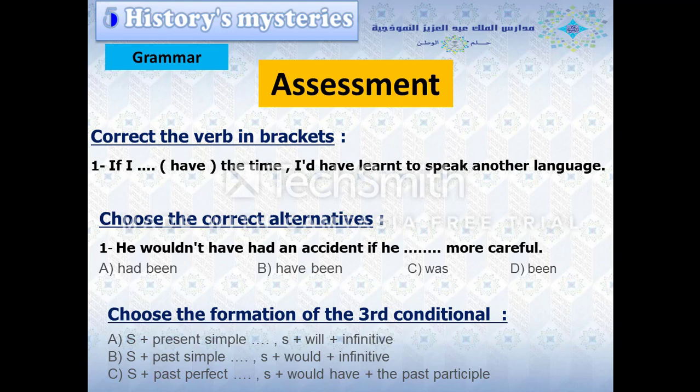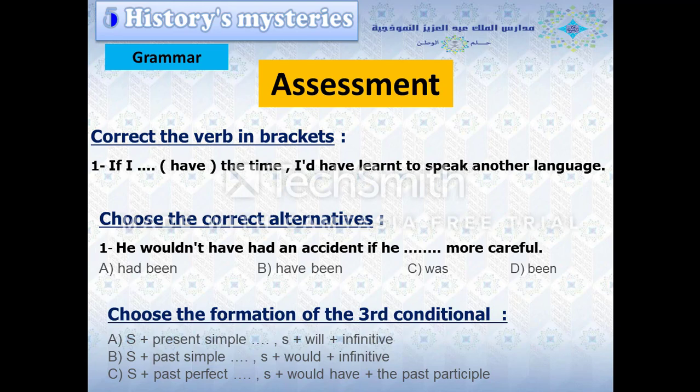Number 2. Choose the correct alternatives. He wouldn't have had an accident if he more careful. Had been, have been, was, been. Number 3. Choose the formation of the third conditional.